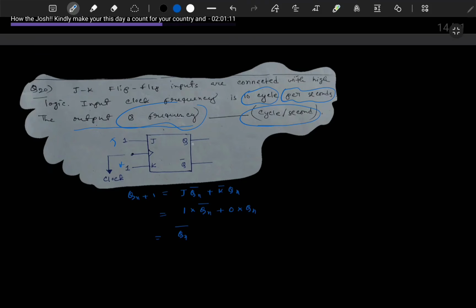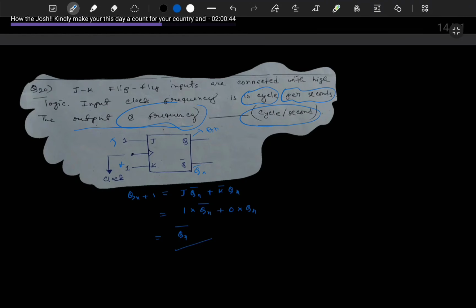And this is Qn actually, and this you can say Qn bar. So it is coming Qn bar only.